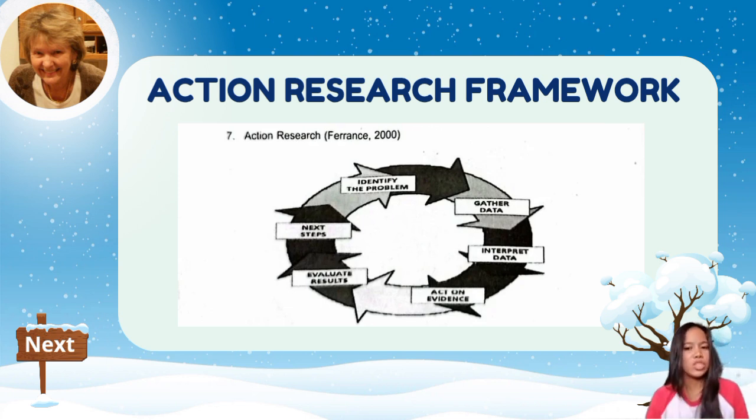After the implementation, the results are evaluated to see if the action was successful. Finally, the researcher determines the next steps based on the results. The cycle continues as new problems or improvements are identified. These models show that data plays an important role in making informed decisions in action research.